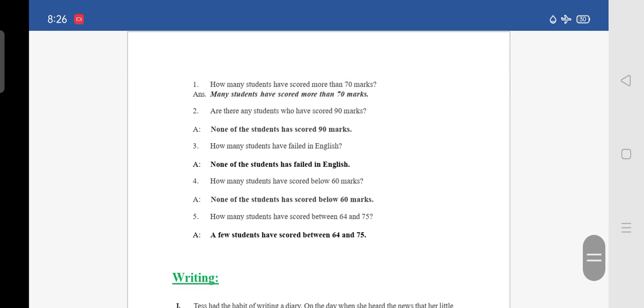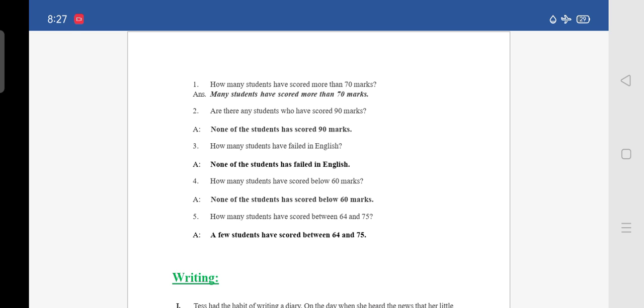How many students have secured more than 70 marks? Students, here I have already written for you. You see them and write them neatly in your notebooks without any spelling mistakes. Okay. So see the first one. How many students have scored more than 70 marks? So what is the answer they have given?